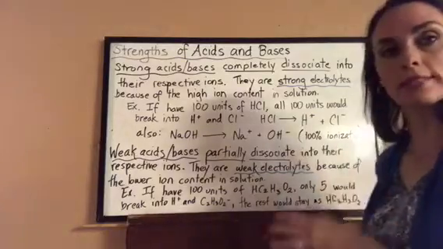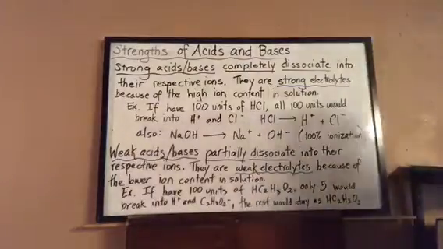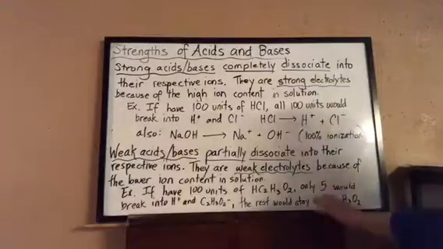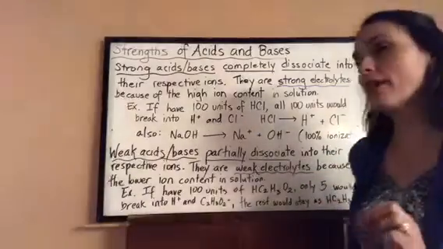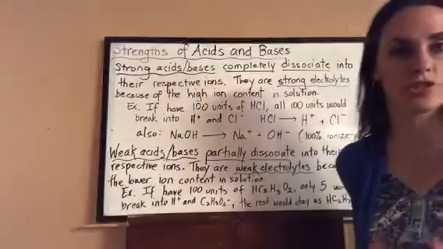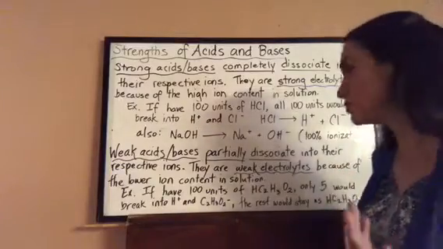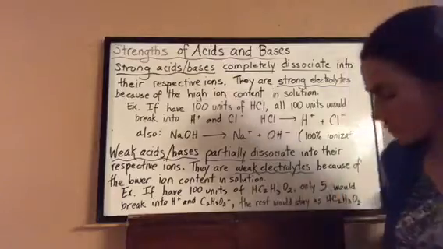That would be for a later course where you would actually do calculations to determine those quantities. But you have partial ionization. Weak acids and weak bases are also weak electrolytes because you have a lower ion content in solution. You still have some amount of ionization occur. So because you have charged atoms, which are ions, you do have some electrical conductivity that can be transmitted through that solution.